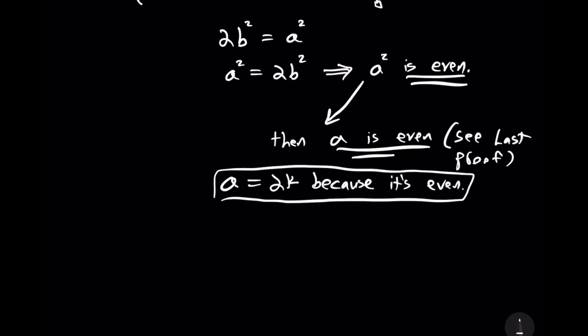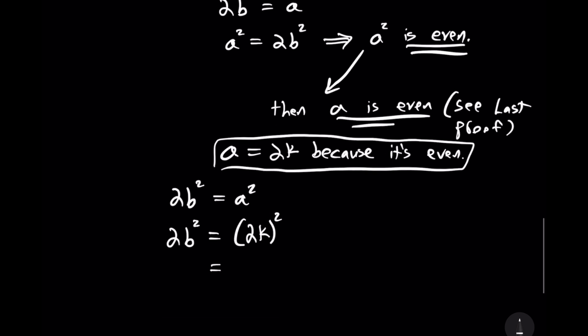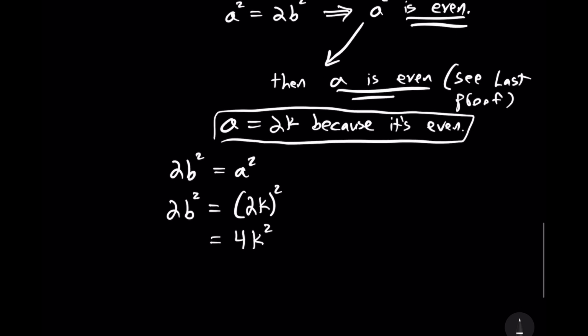So let's then say, remember, we have 2b squared is equal to a squared. We can re-express that. 2b squared is equal to the quantity 2k squared. That right-hand side, of course, is 4k squared. So now we have 2b squared is equal to 4k squared. Let's just solve for b squared.